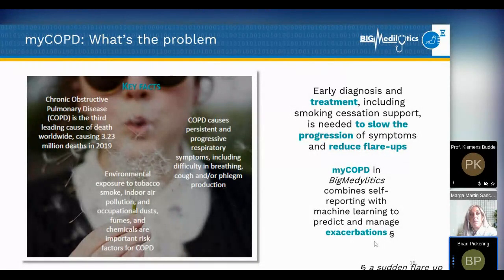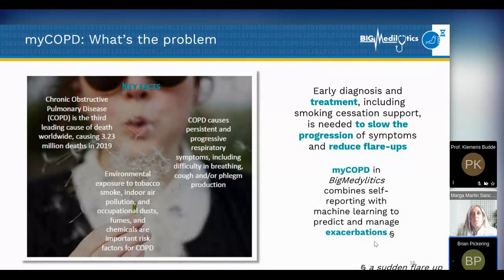COPD itself is a whole range, a series of different conditions, but they all share the features that there is a persistent and progressive loss of respiratory function. And in the past, people have assumed that issues around the environment, the context in which the patient grew up, developed, were important.